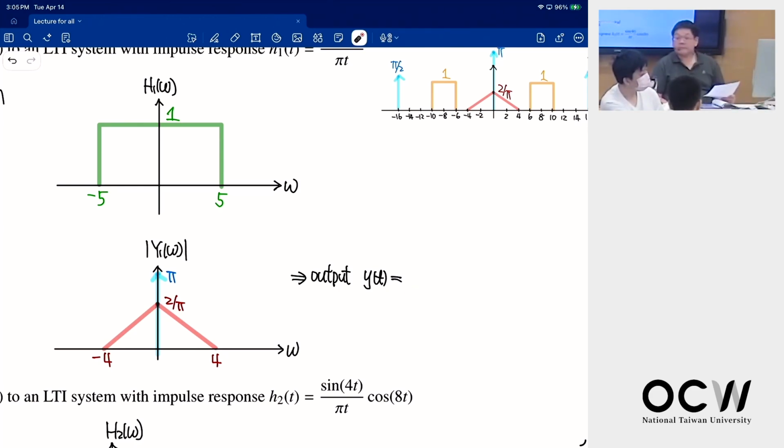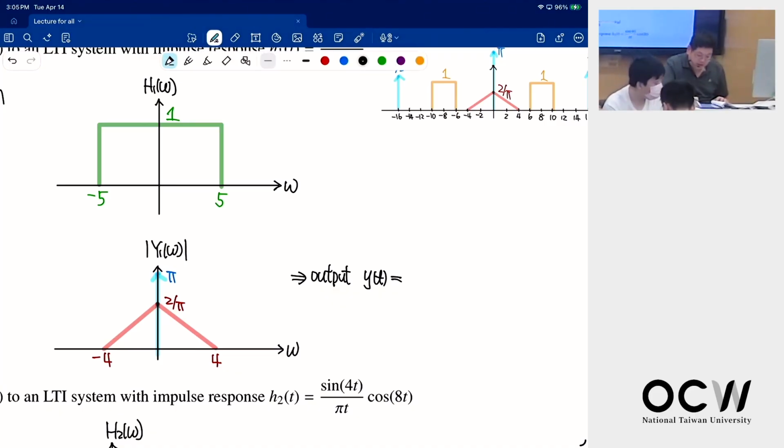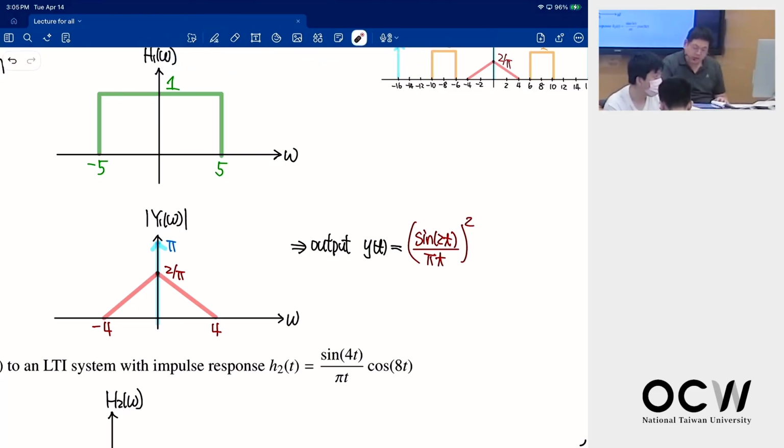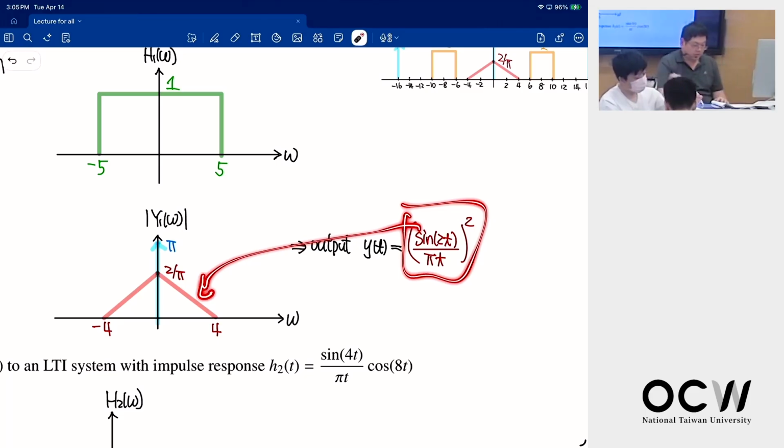Two sinc function convolution. Say again? Two sinc functions, multiplied, sinc function times sinc function. So I have two sinc functions, and they are exactly the same width. So here I should have sin 2t divided by pi t squared. This gives you the triangle pulse, right?